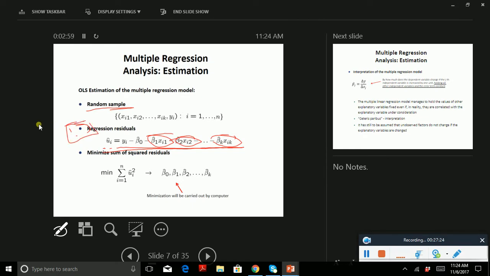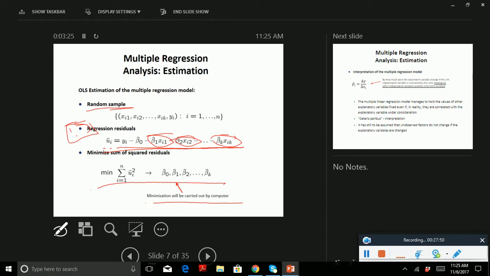And minimizing the sum of squared residuals, basically this minimization process would be carried out by the computer. Okay, so Stata can do that easily, the minimization. We don't have to do this by hand. In fact, in graduate school they teach us how to do it by hand, in matrix form notations.